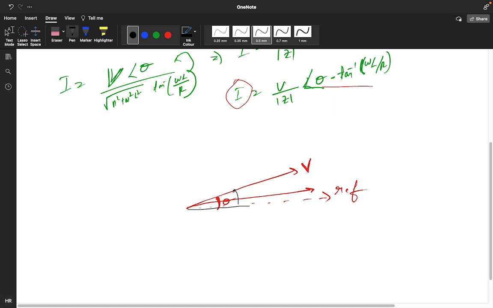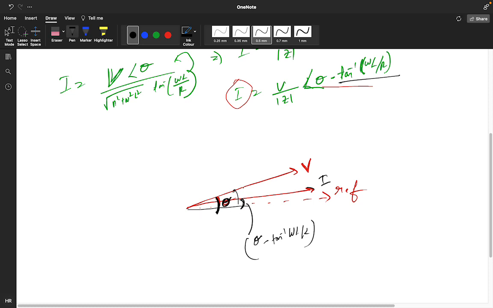So in theta we are subtracting some value, tan inverse omega L by R. So I is this.